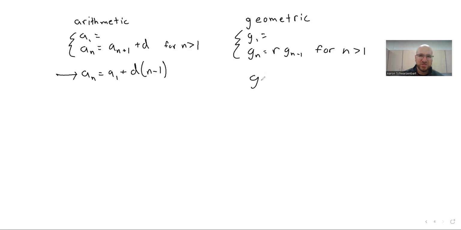Its explicit formula for geometric is G sub 1 R to the power of n minus 1. So we're using an exponent here for the explicit formula.